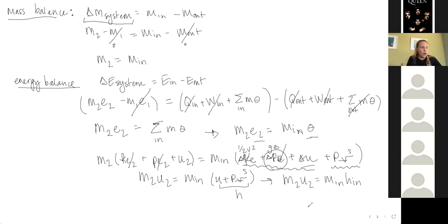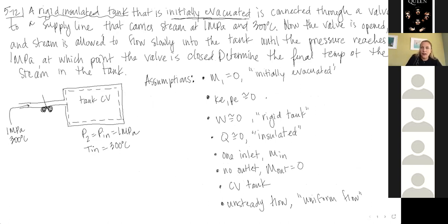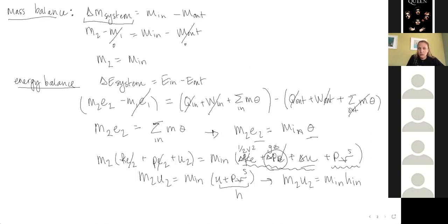Okay, so now we're here. M2U2 equals MnHn. Let's keep in mind, what are we looking for in this problem? We're looking for the final temperature of steam in the tank. So to go from here, where is temperature hiding in this equation?